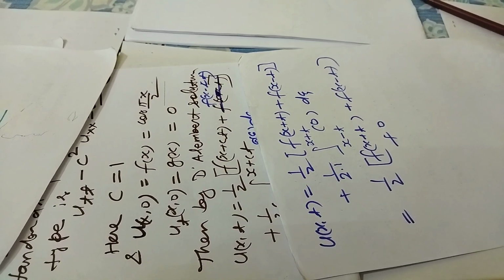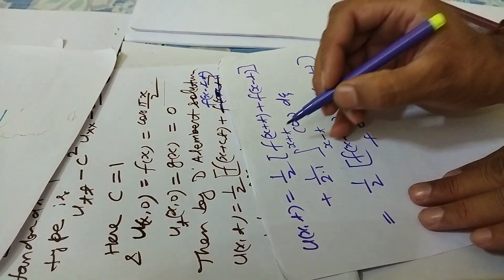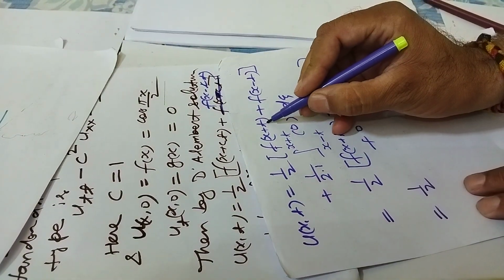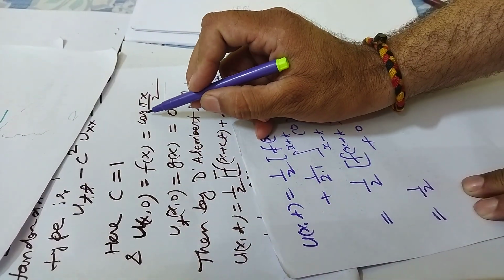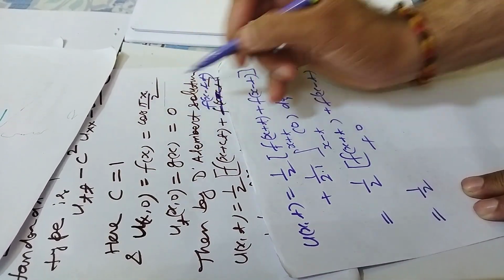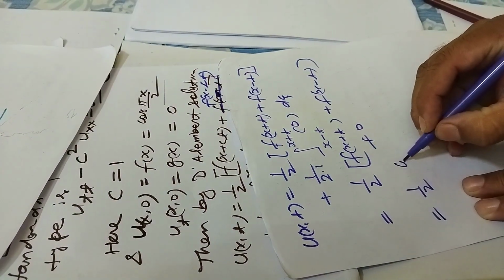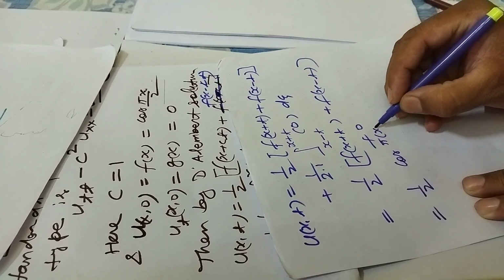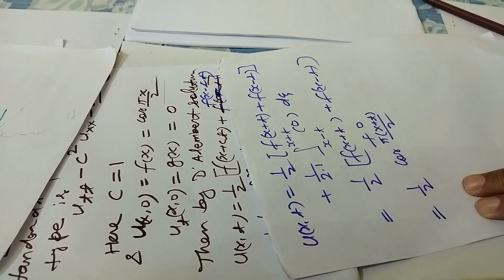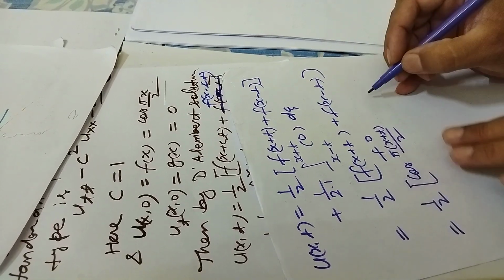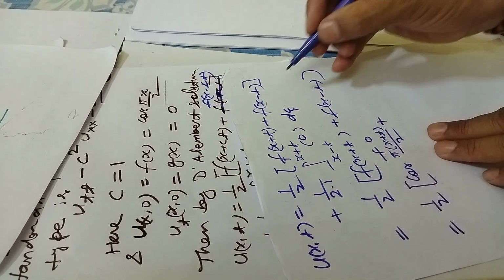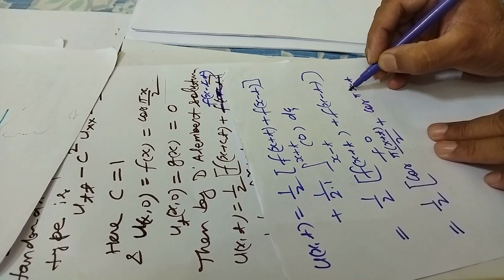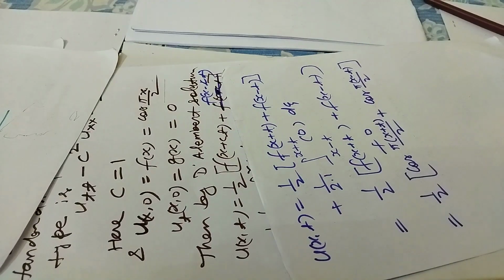So we put in place of x: 1/2 f(x+t) is cos(π(x+t)/2), and plus cos(π(x-t)/2).